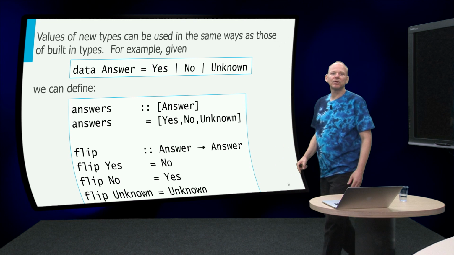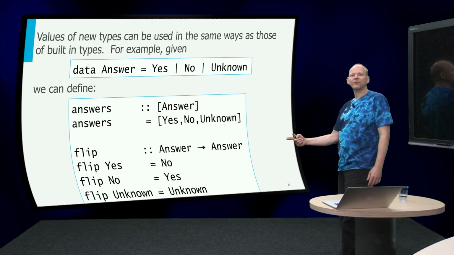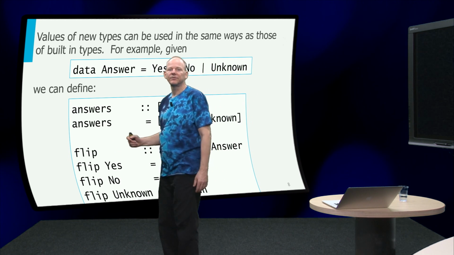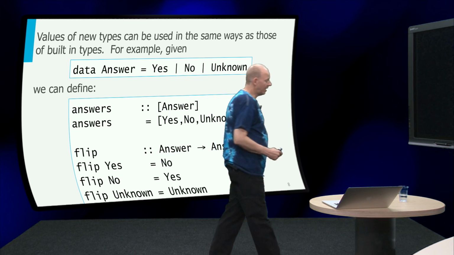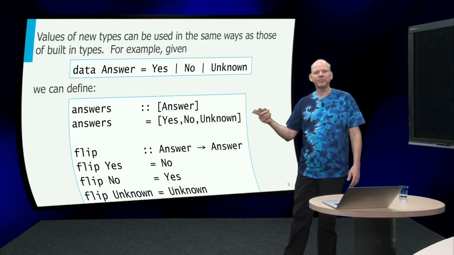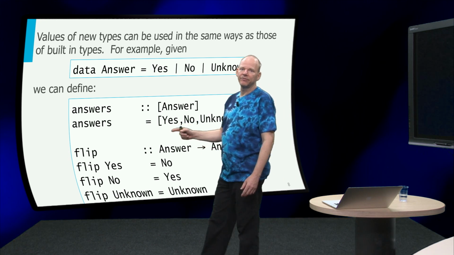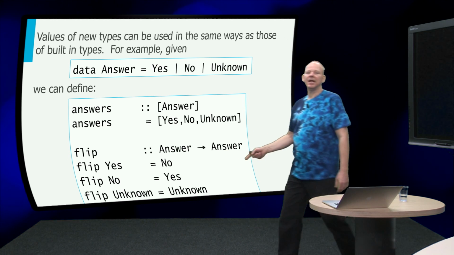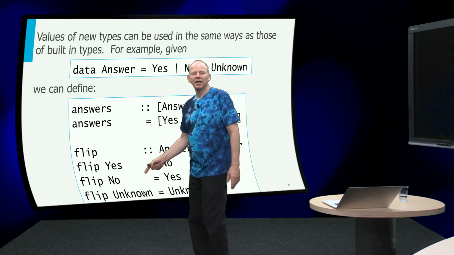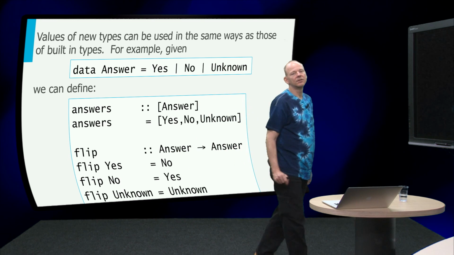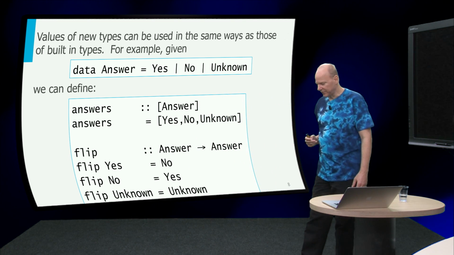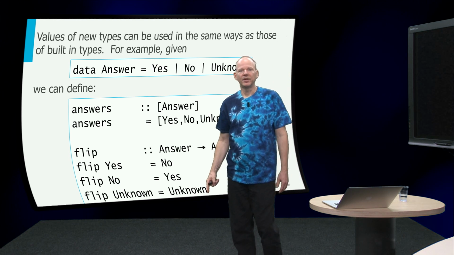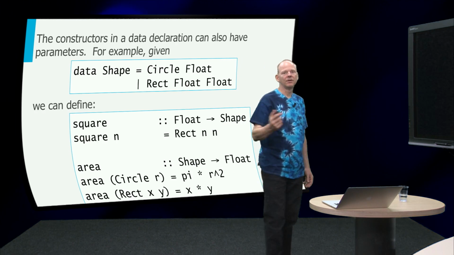And now I'm going to define another function that flips the answer. So this is like the generalization of negation. If I have yes, and I flip it, it becomes no. If I have no and I flip it, it becomes yes. And if I don't know and I flip it, I still don't know. All right, so if you're familiar with SQL, this will be very similar, where unknown plays the role of null.